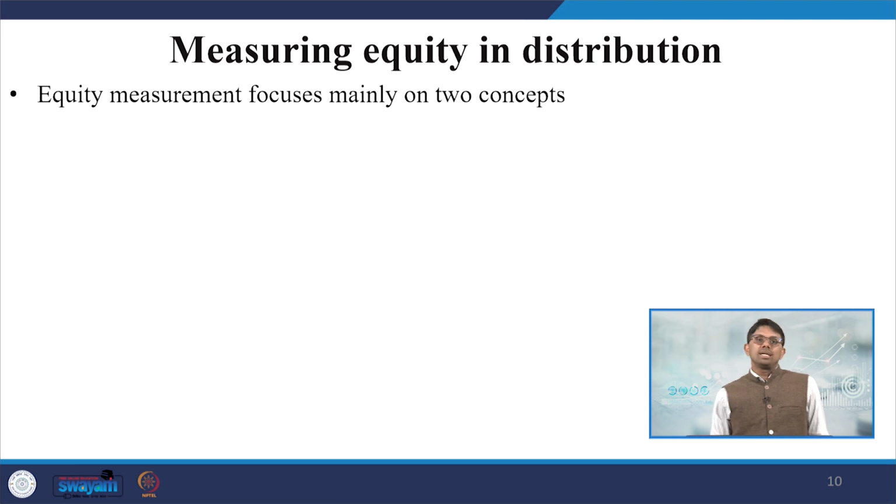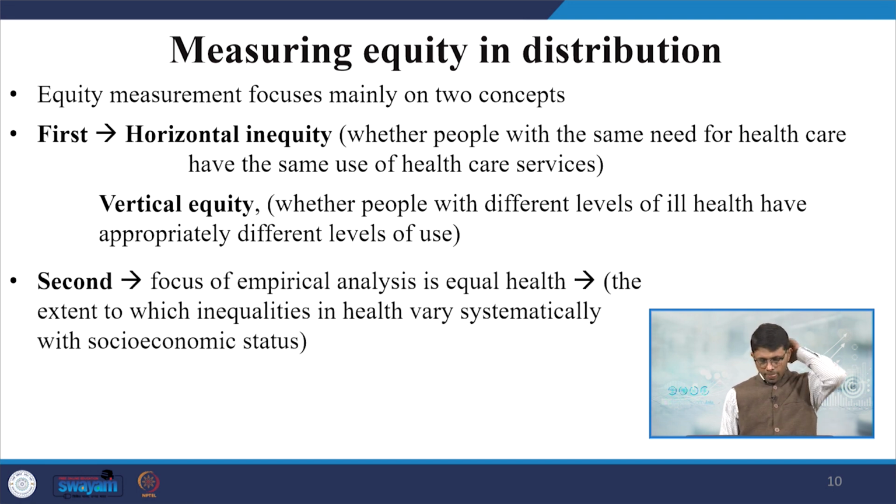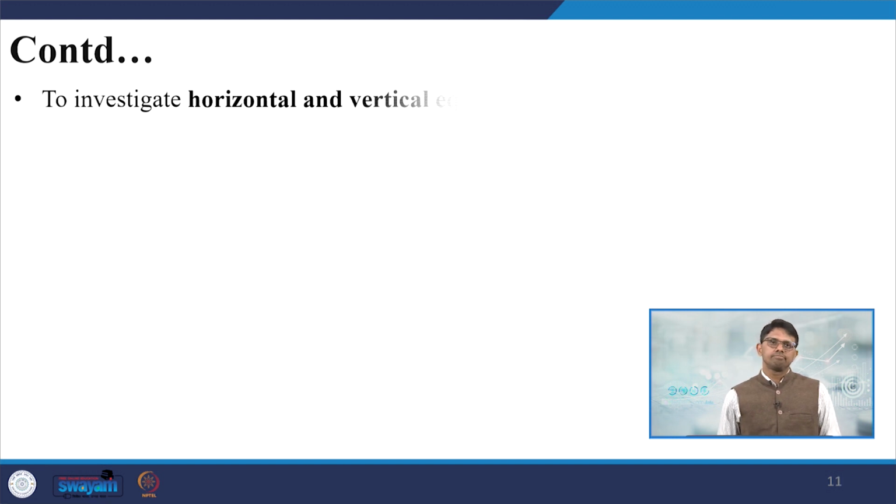The equity measurements are mainly presented in two concepts. First, horizontal or vertical equity or inequity. Then the second, more important, is how we find it empirically, and the extent to which inequalities in health vary systematically with socioeconomic status.